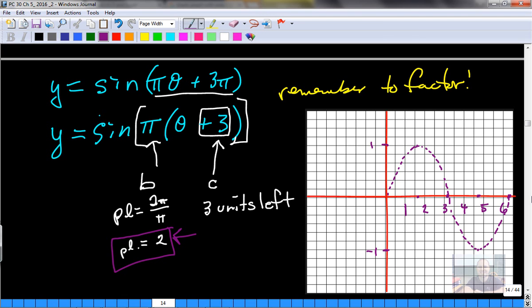Okay, so there's our sketch of sine with the horizontal axis in decimals, and this is y equals sine theta in purple.